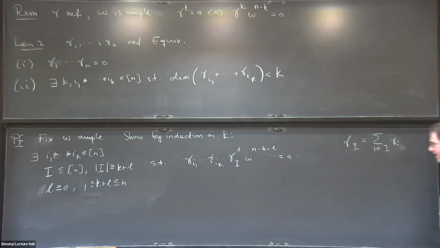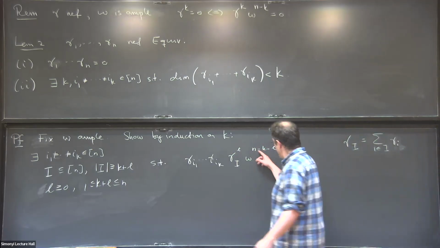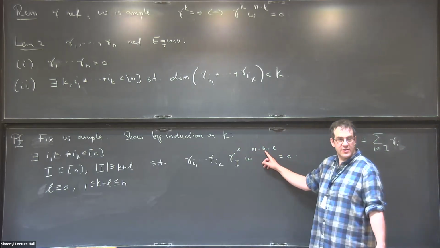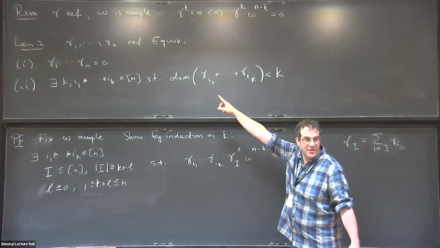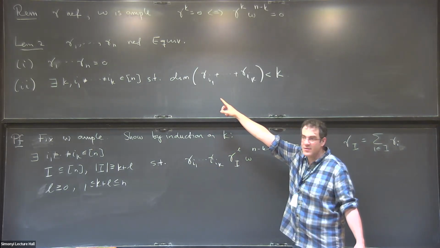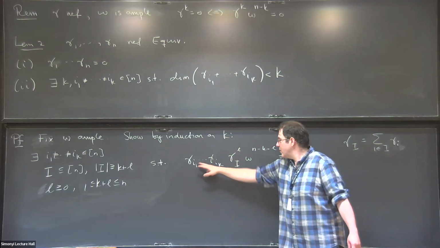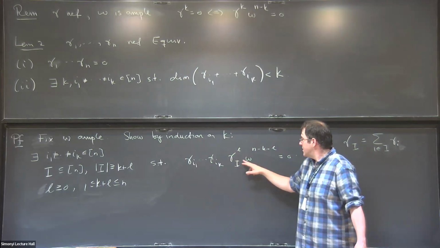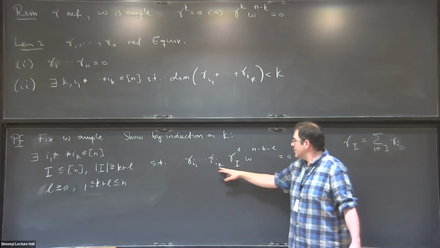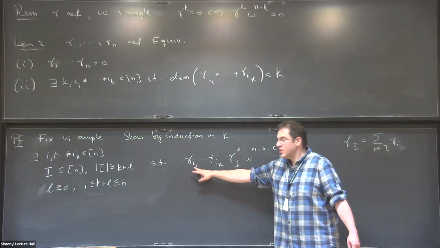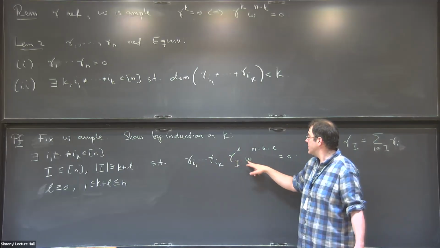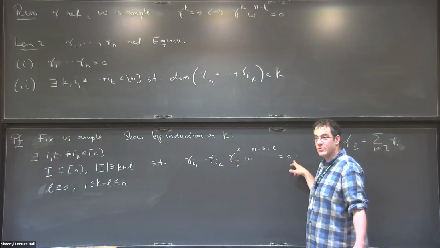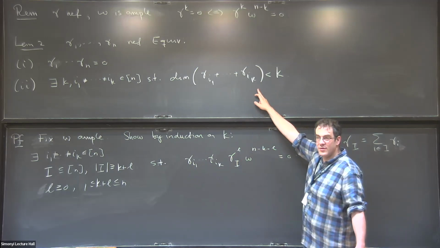So it looks a little bit nasty, but you see, when K is equal to n, this is just the assumption 1, right? On the other hand, when K is equal to 0, this shows that there exists a set I such that the sum of the gammas with those indices I to the L times omega to the n minus L equals 0, which is exactly the conclusion, right?